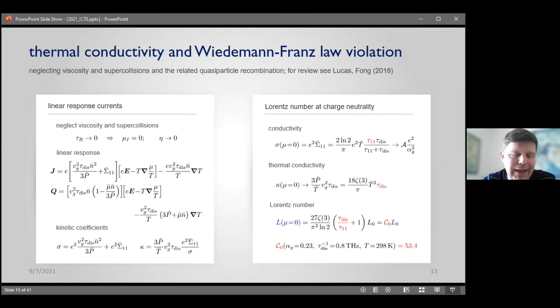Basically, kinetic theory describes electron-electron scattering in the limit where one can still assume electrons to be independent quasi-particles.